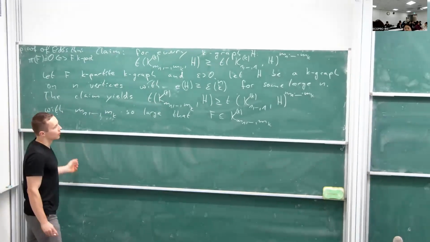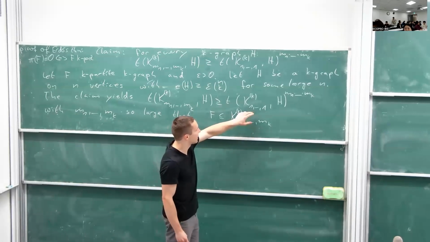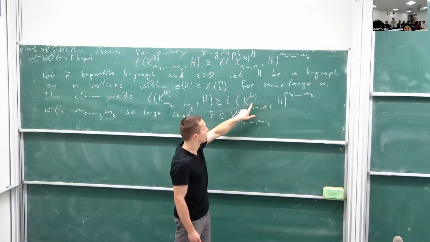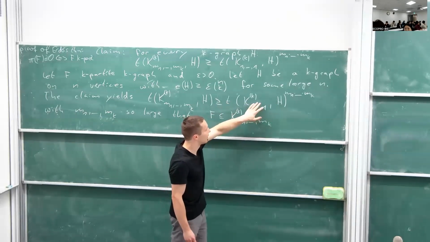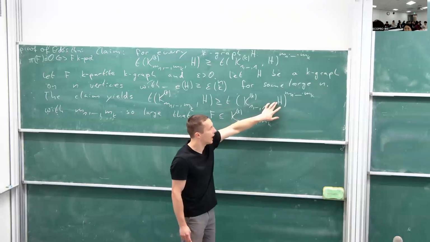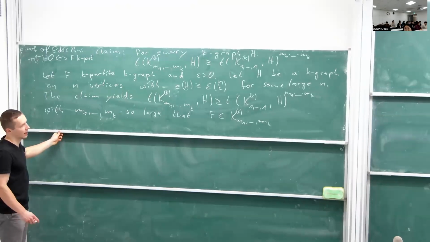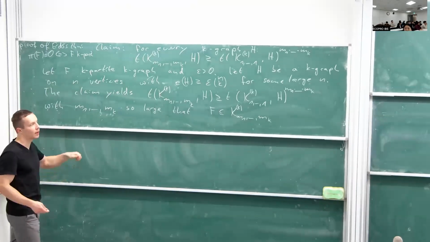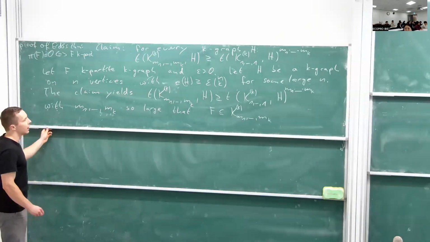Okay, so now on this side, as we also used last time, if we count the homomorphisms here, this is basically just the number of edges in H, with this k factorial term in order to include all the orderings.